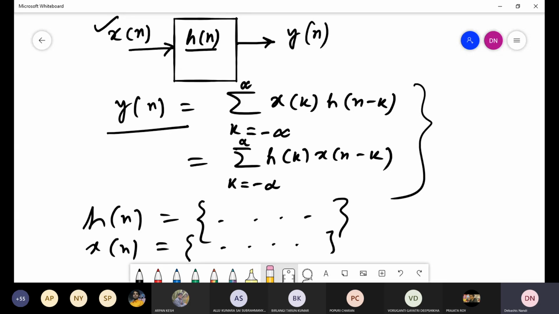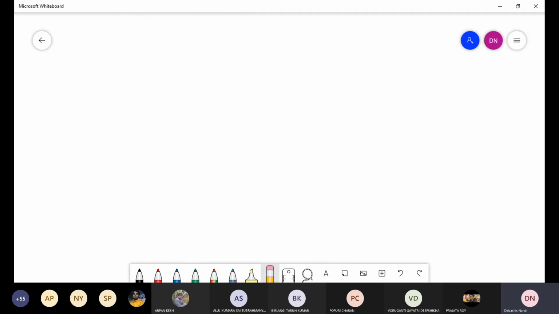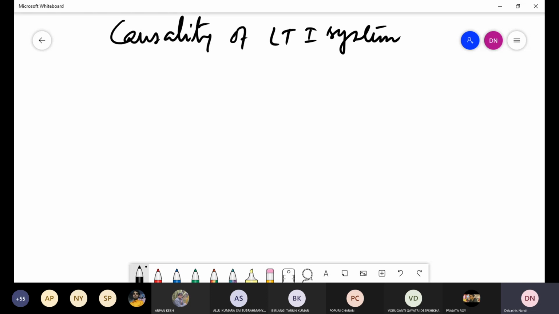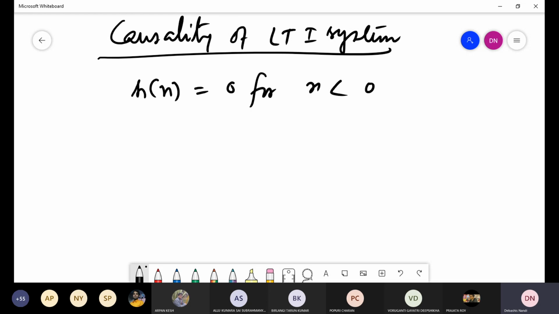Now, here I want to discuss the causality of a linear time invariant system and the stability of a linear time invariant system. Causality of an LTI system. For an LTI system, if you see that h[n] is equal to 0 for n less than 0, then this is causal.